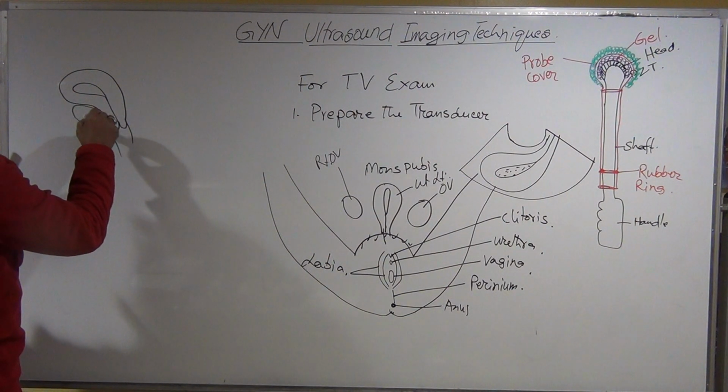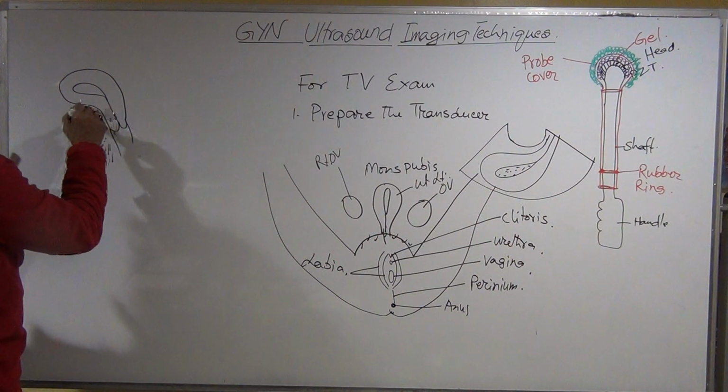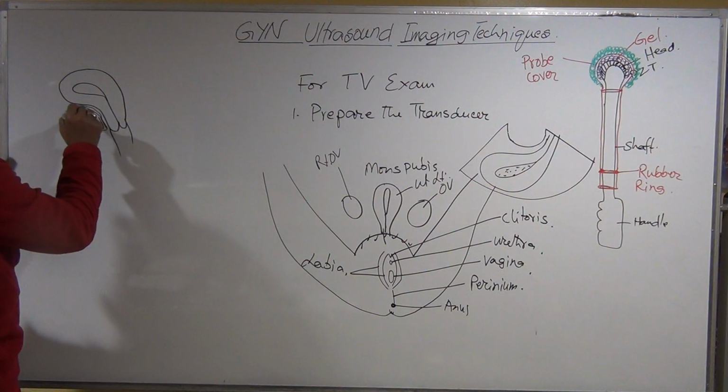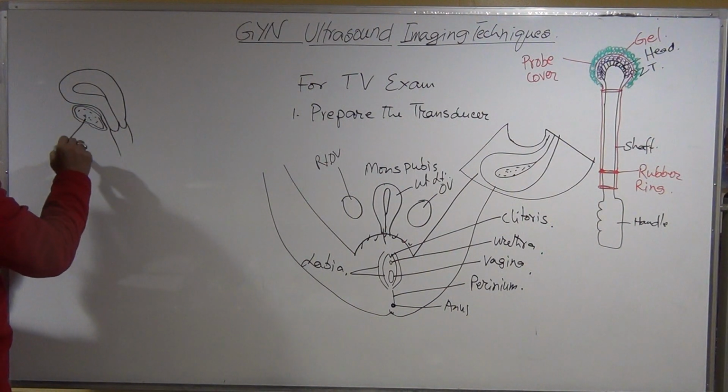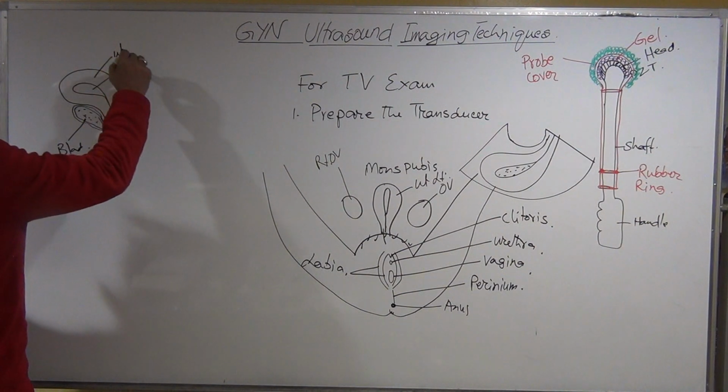A small bladder is needed for transvaginal, okay? This is the bladder, this is the uterus, this is the endometrium.